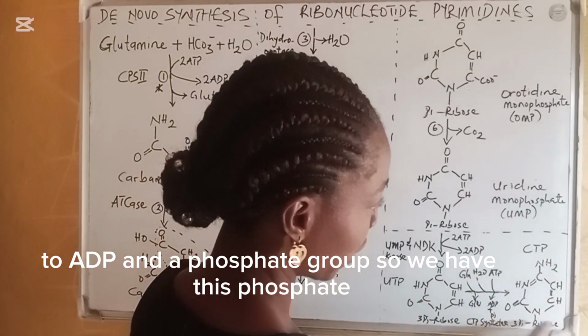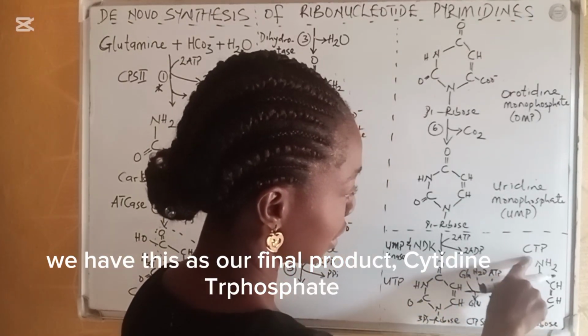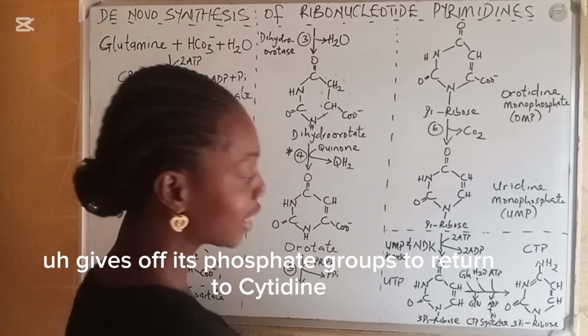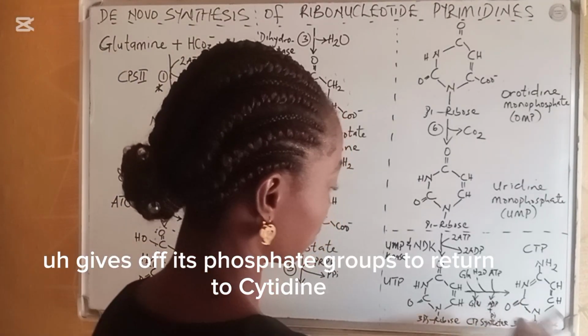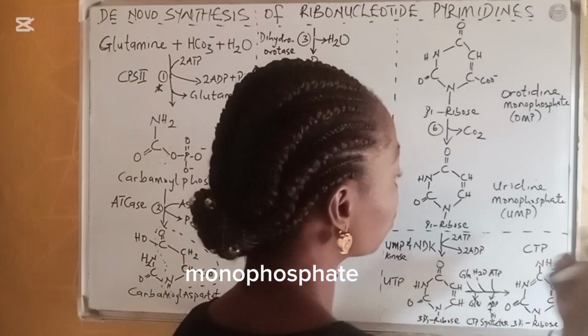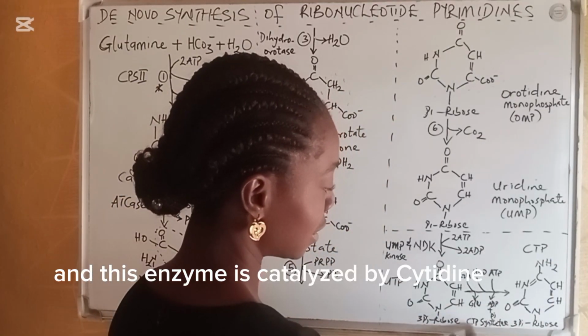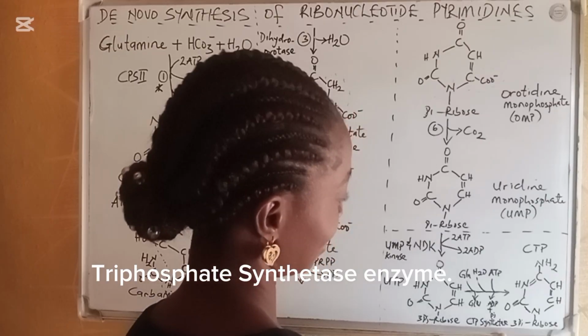So we have this phosphate. So we have this as a final product, cytidine triphosphate, which naturally gives off its phosphate groups to return to cytidine monophosphate. And this reaction is catalyzed by the enzyme cytidine triphosphate synthetase.